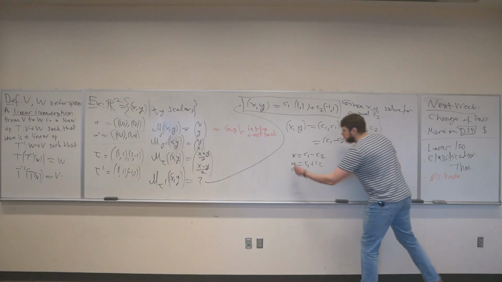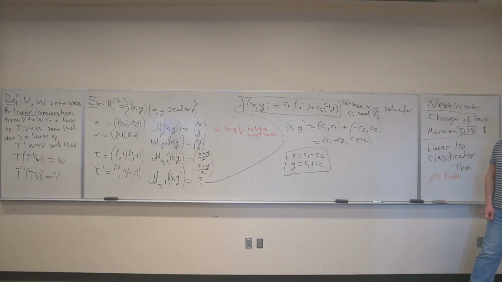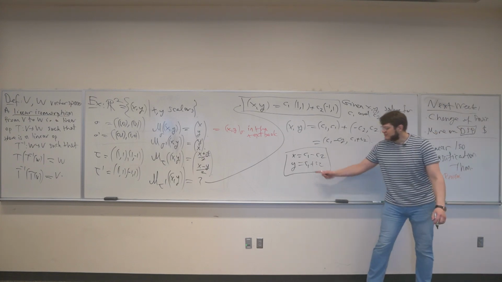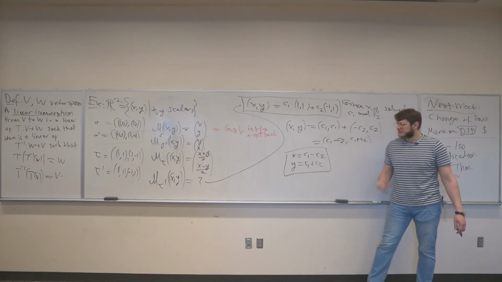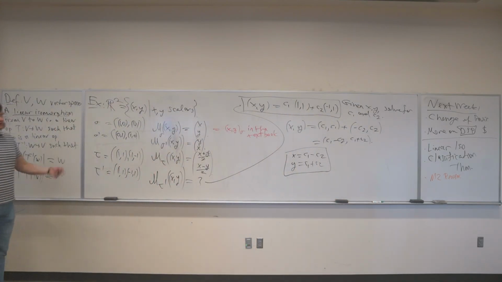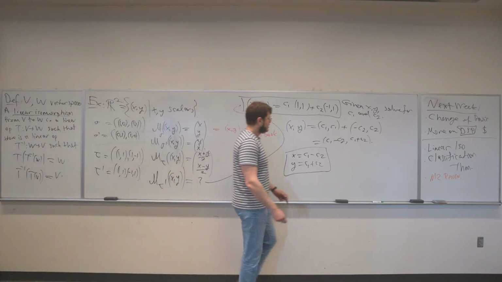Now I have a system of two equations with two unknowns, which I can solve. At this point, for instance, you can add these two to get rid of the C2s, whatever. But I hope you would appreciate that in higher dimensions, solving the system becomes easier with linear algebra.